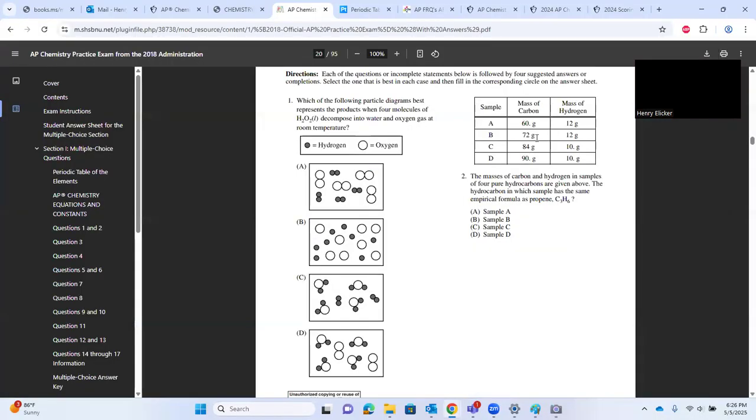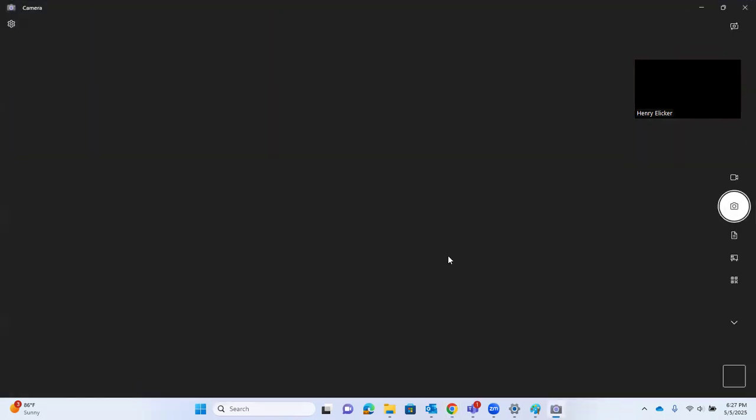Turns out if you do that with all these, you're going to find that if you divide your 72 by 12, you're going to get 6. And if you divide your 12 by 1, you're going to get 12. I'm going to show you how to do it real quick.